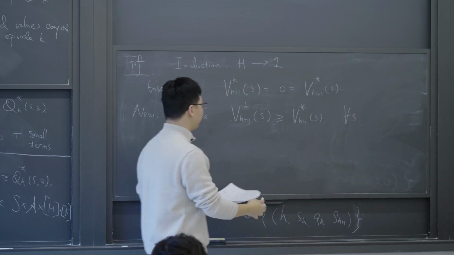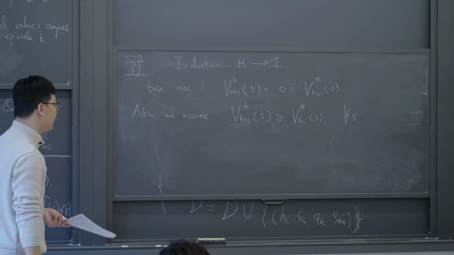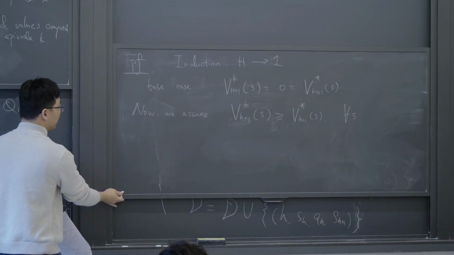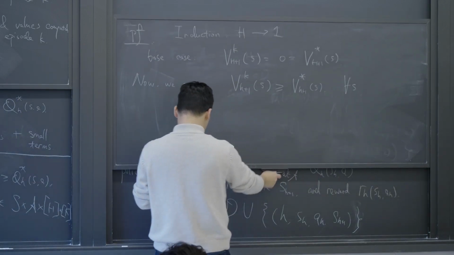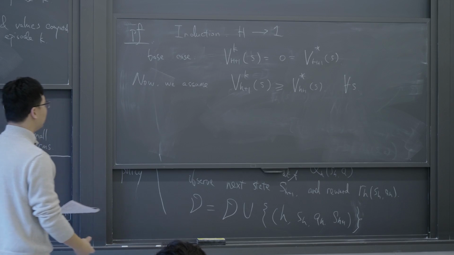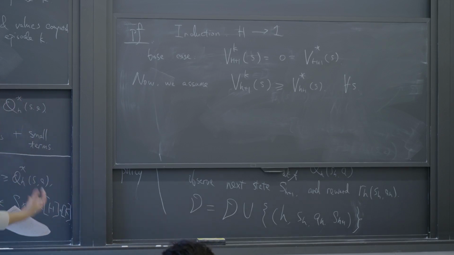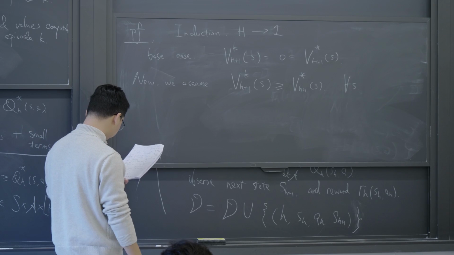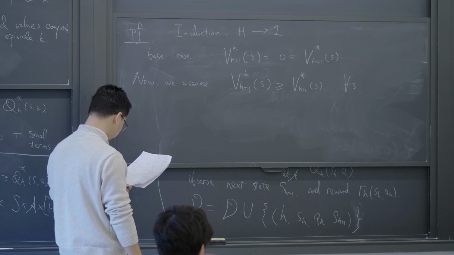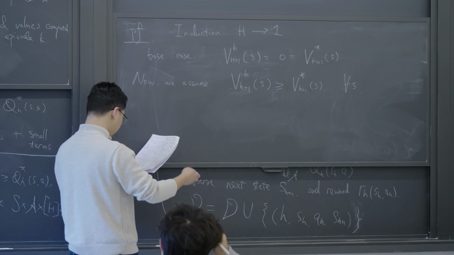That is, for all the later steps, we already guarantee V_{h+1}^k is an upper bound of V*. So now we want to do the induction to prove that for each step the value is also an upper bound. So we divide it into two cases.